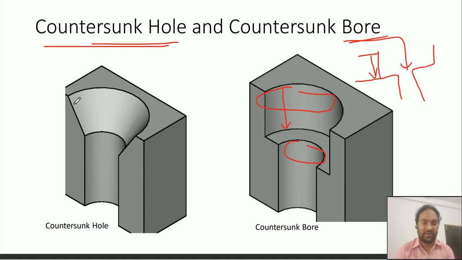And here, when we are cutting the conical hole, this becomes a countersunk hole. So I hope you have got this difference. In a counterbore we cut the straight hole, and then it works like a shoulder, and here no shoulder is there.